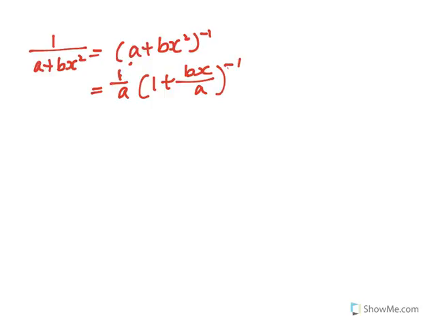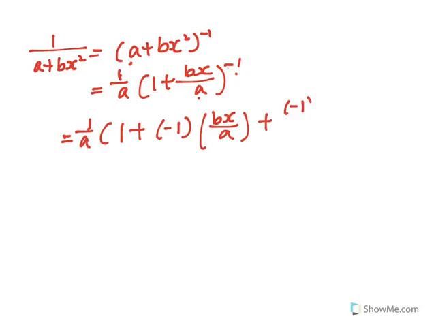Next, what do we do? This is just equal to 1 over a, times 1 plus n times bx squared over a to the power of 1, plus n(n minus 1) over 2 factorial, and we'll stop here.